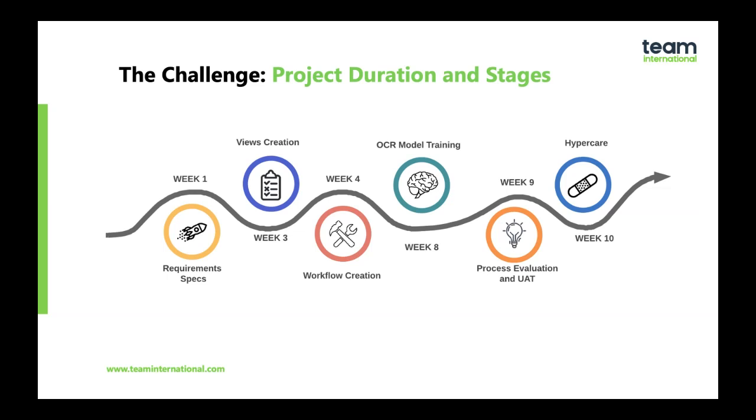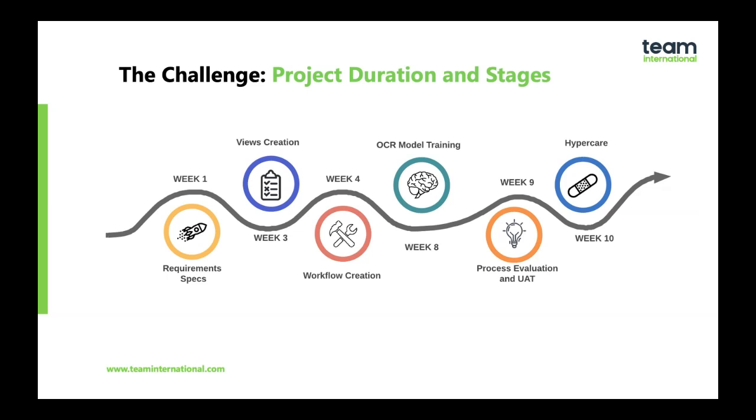After that, once the OCR model is trained and is providing an acceptable level of confidence in the responses, and by acceptable we are talking over 90%, we proceed to the delivery of the whole solution in a production environment with the process evaluation, user acceptance, and finally, by week 10, we enter the hypercare part of the process.